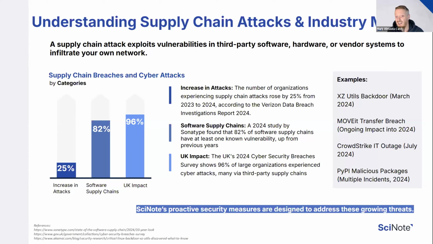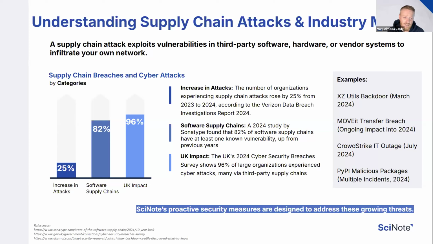Here in the UK, 96% of major companies face breaches via third-party ecosystems. And globally, 82% of software supply chains were hit by cyber attacks in just the last year alone.